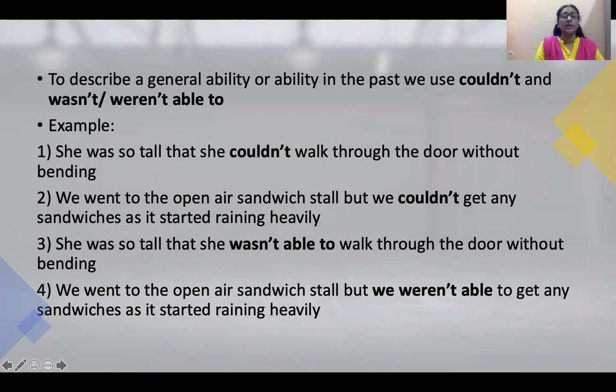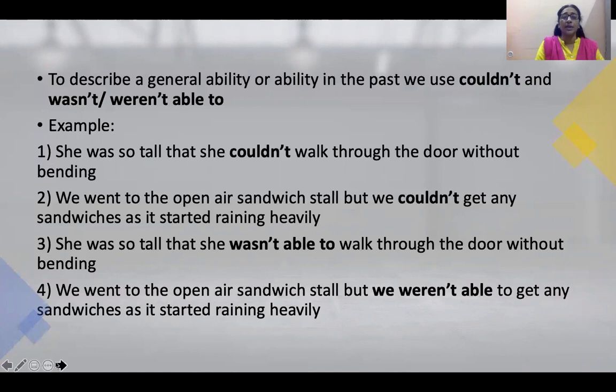To describe a general ability or inability in the past, we use couldn't and wasn't able to or weren't able to. Example, she was so tall that she couldn't walk through the door without bending.